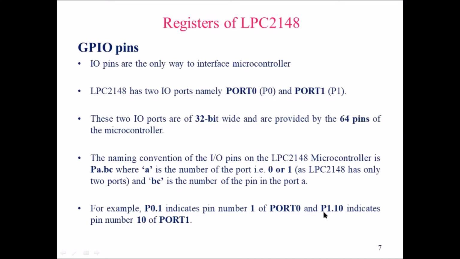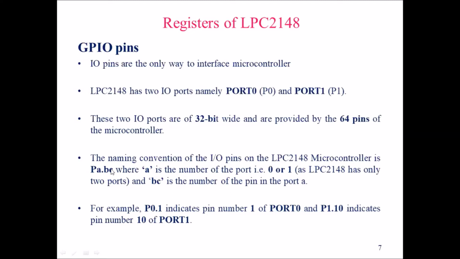Another example is P1.10, which indicates pin number 10 of port 1. Here P stands for port and 1 is the port number, so we are using port 1, and the pin number is 10, the 10th pin. That's how you need to represent the pin number and the port number in programming.